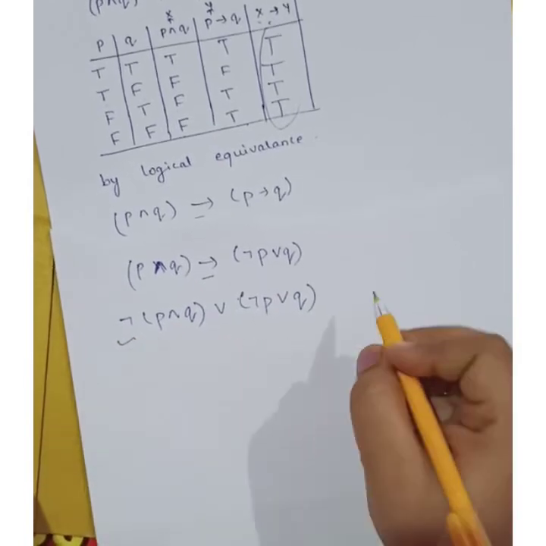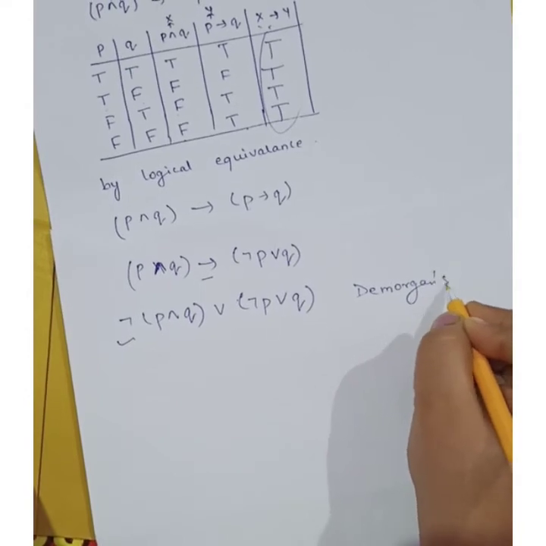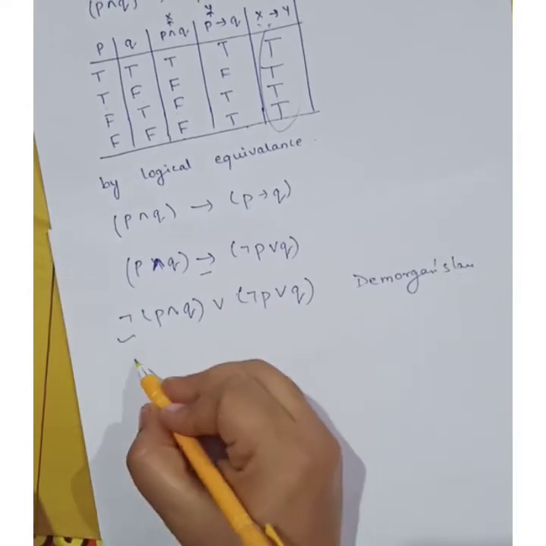Then we use De Morgan's law to remove this. We will write this.